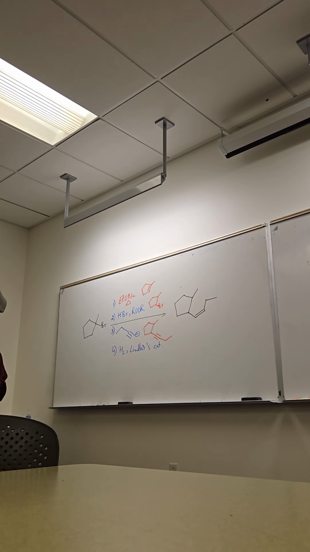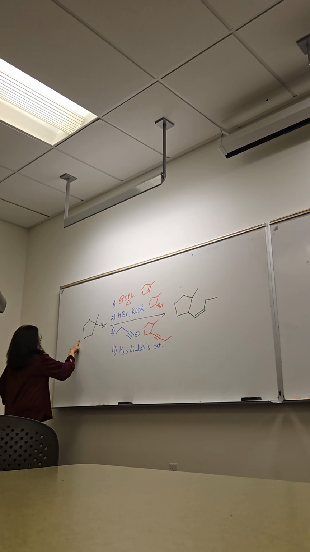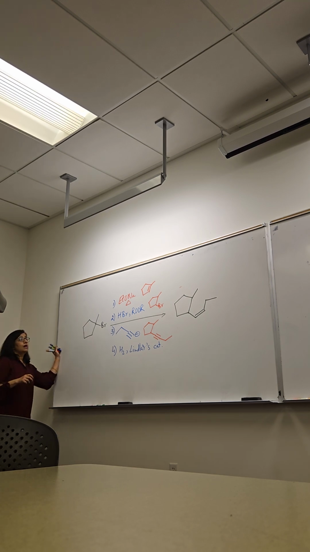Yes? This is just my thought process. Is there a way to remove the bromine from the first thing and then somehow have a positive charge? But that's a mechanism you're saying. Can it make a carbocation to do something? Sure. What's the nucleophile you're going to put on it?